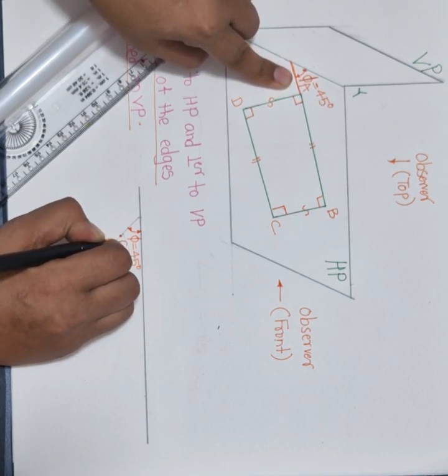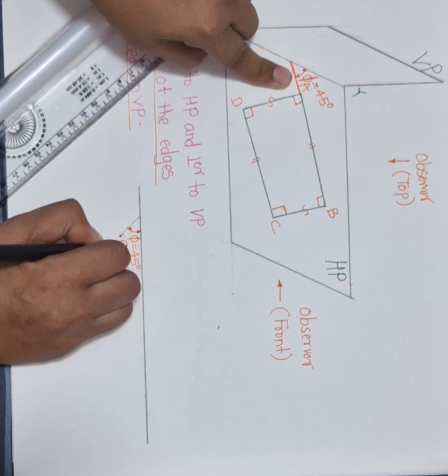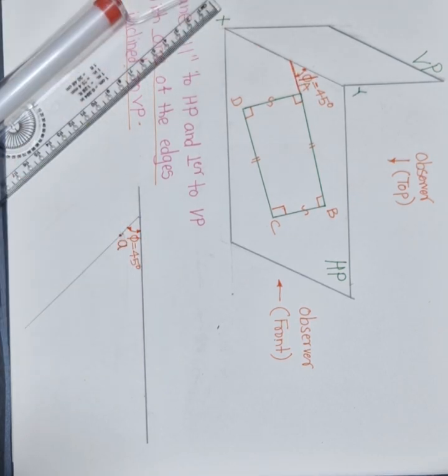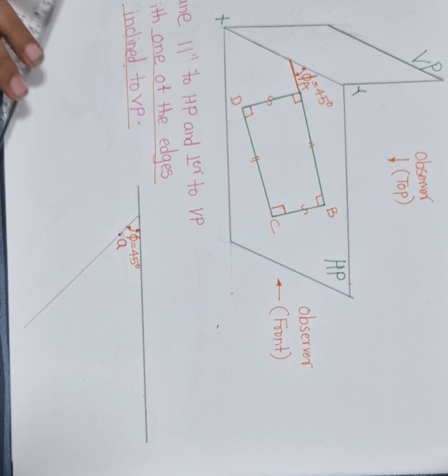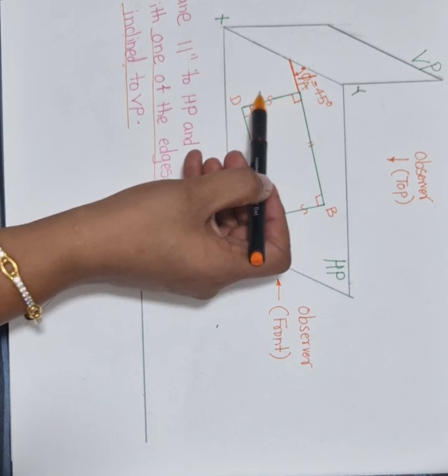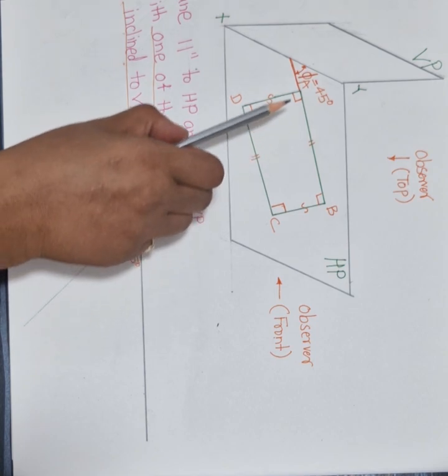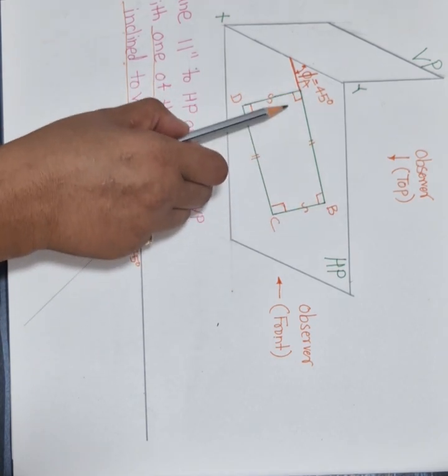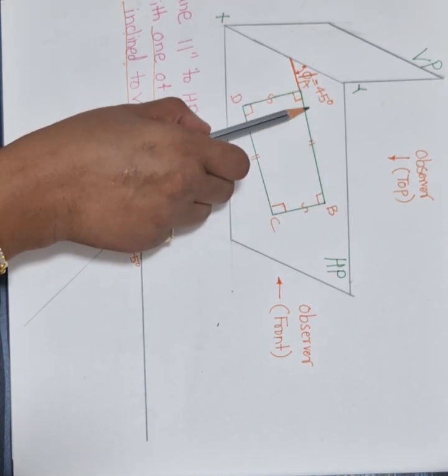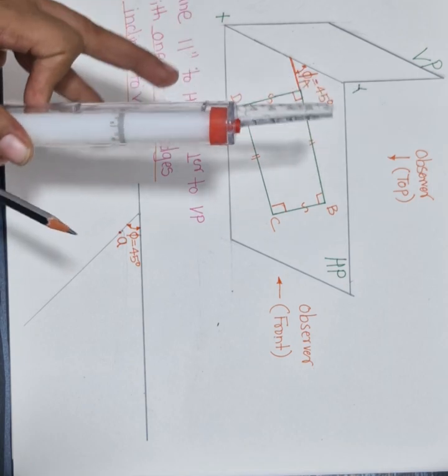Now nearer to this XY line, the corner available is A. So in the top view, it is named as a by small letters. Now we are going to draw AD. This AD is perpendicular to AB, and the angle at corner A is 90 degree.